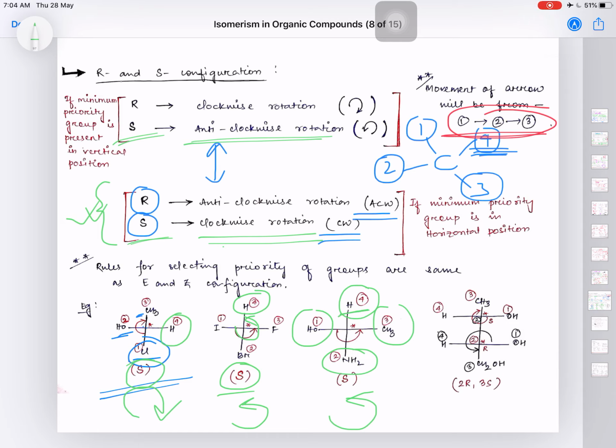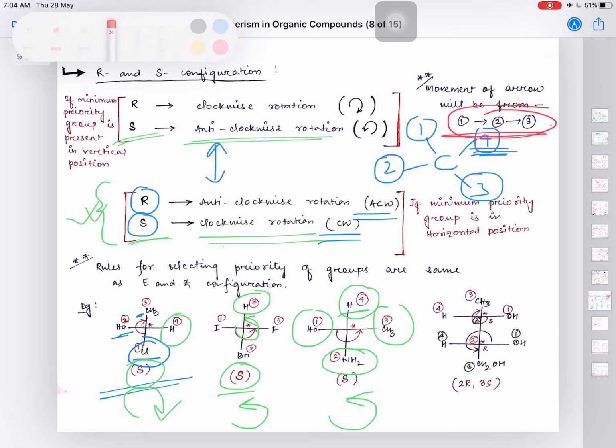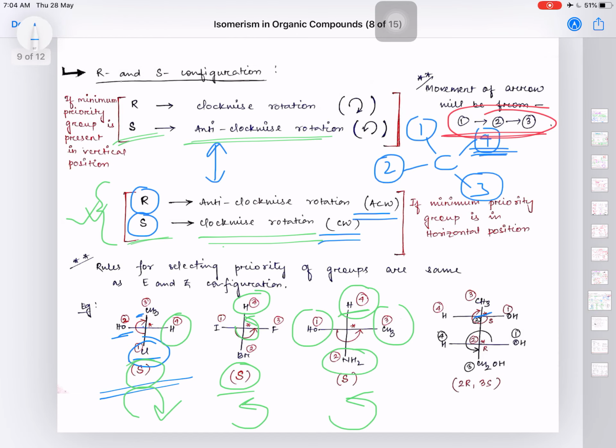Then if you have this type of thing where you have more than one chiral carbon, you have to assign RS nomenclature to all the chiral carbons. Now let us consider the upper carbon. The upper one is connected to oxygen, carbon and hydrogen. So oxygen is 1, first priority. Now this one is also carbon, and this is also a carbon attached to this one, so you check the next atoms.